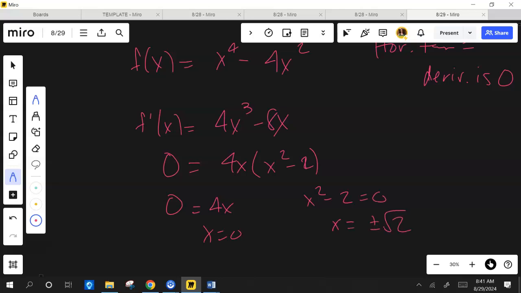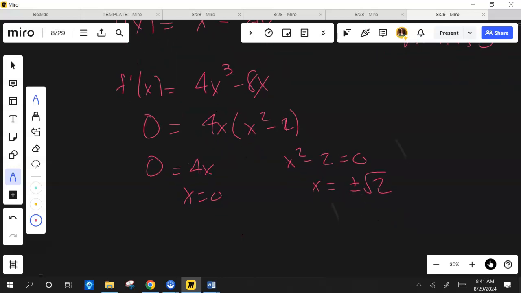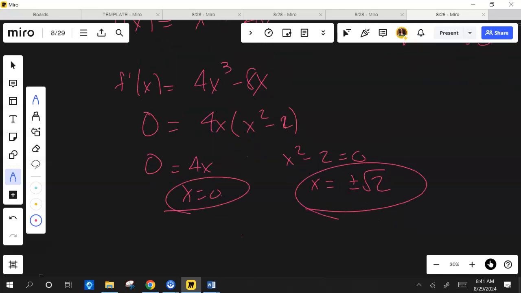How many places do I have horizontal tangents? 3. Where do they happen? At x equals 0, x equals plus or minus square root of 2, because it says find all the points where f has horizontal tangents.